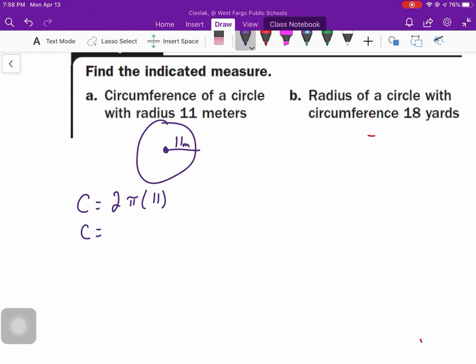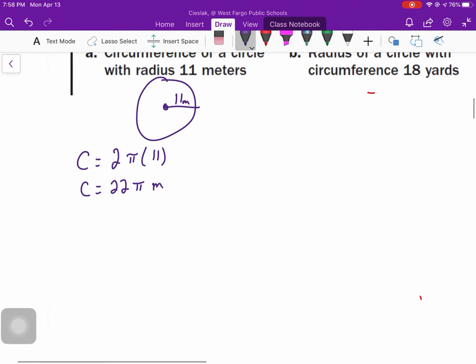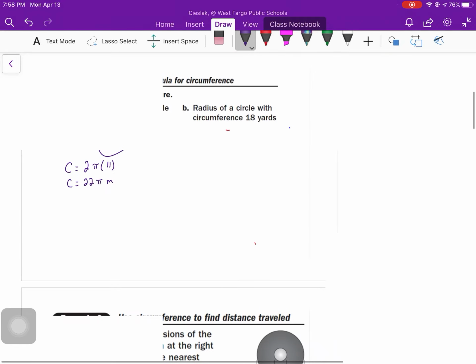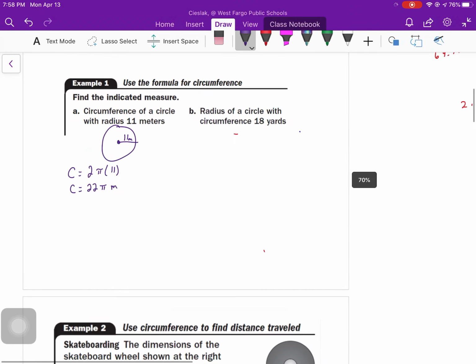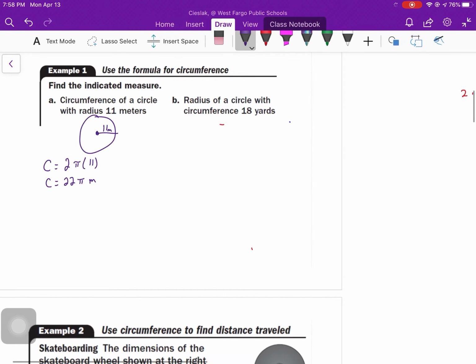If I wanted this as an exact answer, this is 22 pi. And what would my label be? It's meters, because it's just a distance, okay? If we wanted to do that as a rounded value, which we typically do, I have to type it into the calculator real quick. It comes out as 69.12 meters.